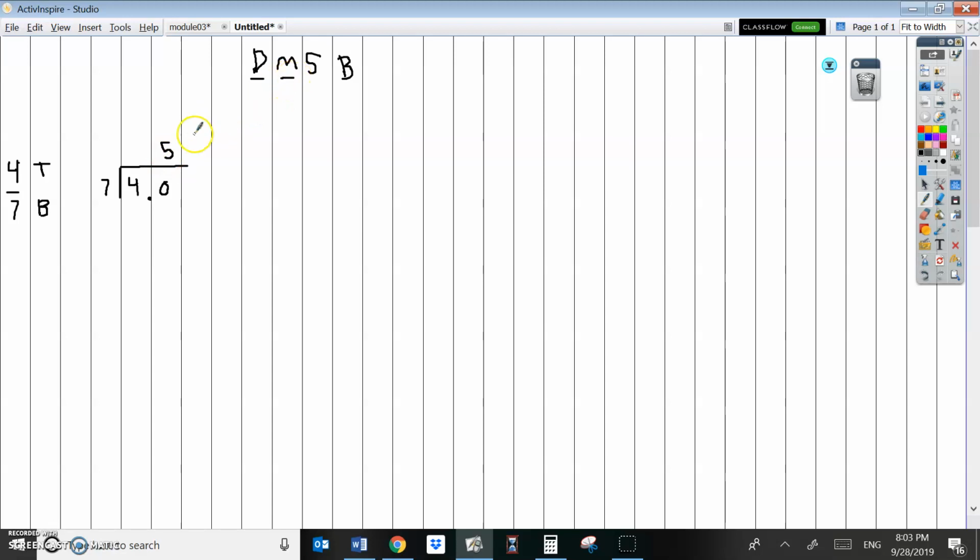Now multiply. 7 times 5 is 35. Now subtract. Get 5. And then bring down. So put in a 0 here. Extend the division bar. And bring that 0 down.